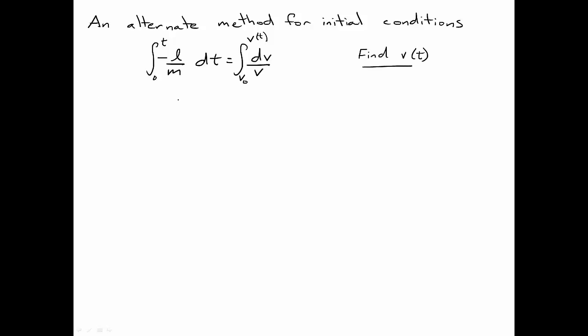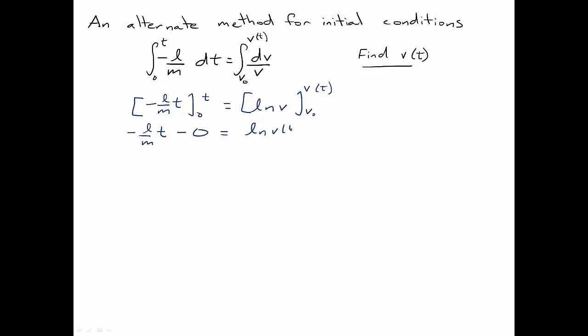Okay, so if I do this integral, I get minus L over M times t integrated from 0 to t, and I get log of v integrated from v naught to v of t. So this is minus L over M t minus 0, and log of v of t minus log of v naught.